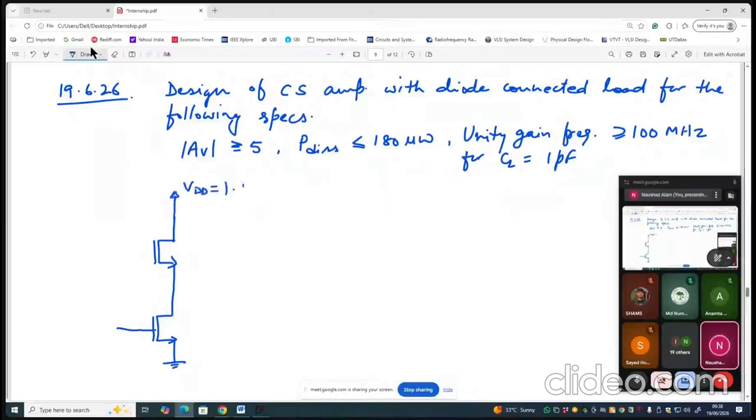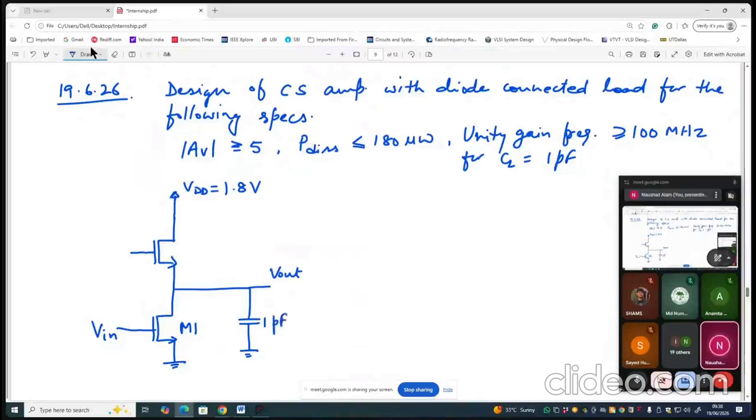So VDD is 1.8 volt. And where shall I connect? So here you see this M1 is the driver, right? We will be taking output from here, and this load capacitance is connected here, 1 picofarad.